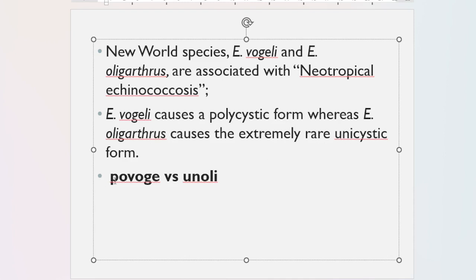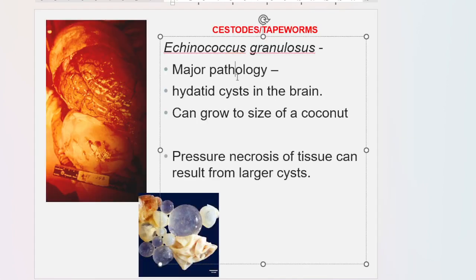So Povegi versus Unoli. Polycystic Vogeli, Povegi. Dito naman, Unoli. For Uni, that is unicystic, Oli for oligarthrus. Povegi versus Unoli.